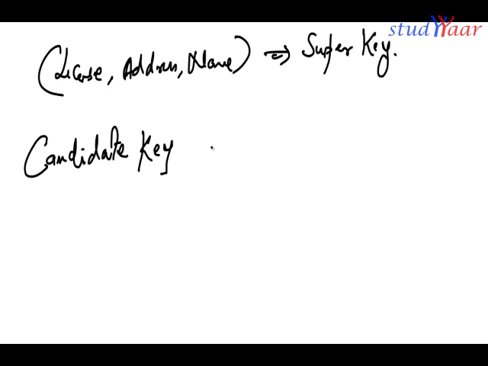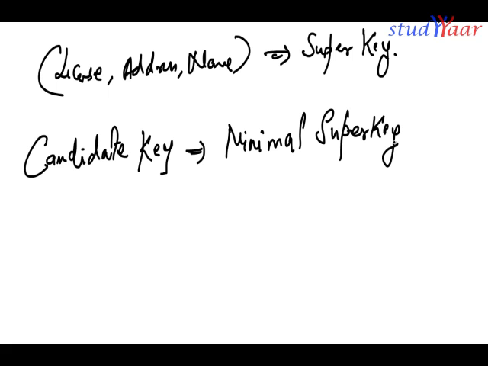A candidate key is a minimal super key. Minimal super key means you cannot delete an attribute from the super key and still uniquely identify an entity.